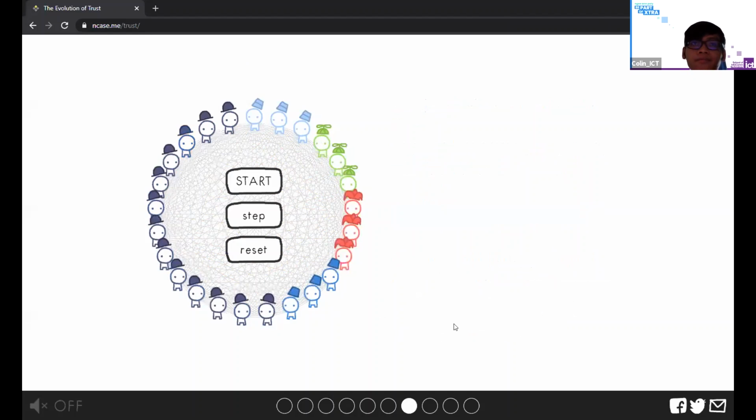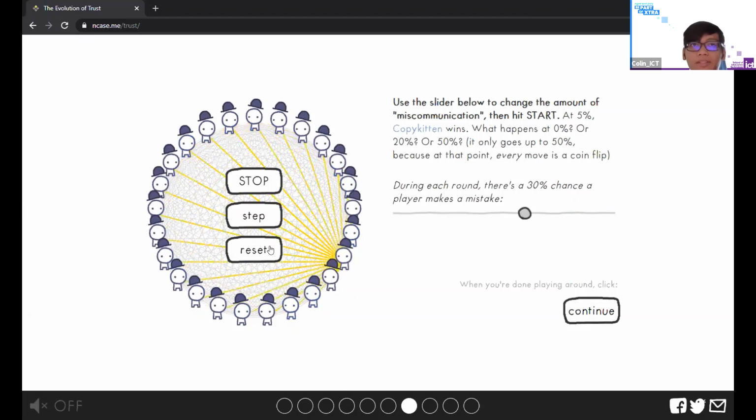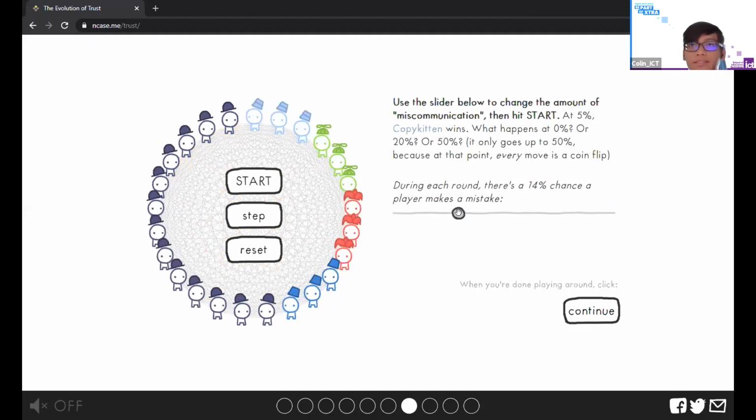All right. So for miscommunication, we're going to try out this model again, but in a different manner, by changing its chances of mistakes. This time, we're going to increase it to 30% and find out who will be dominant. Okay, it seems that the higher the chances, the cheater would normally triumph, because players will make mistakes and the cheater is able to exploit.